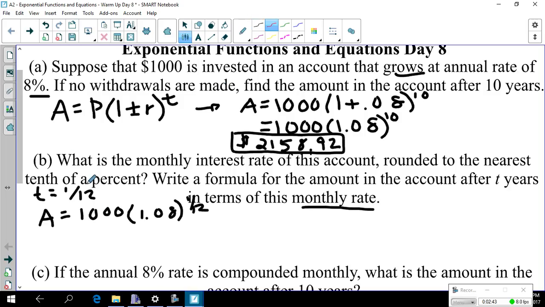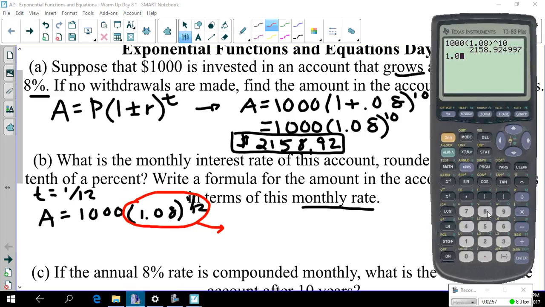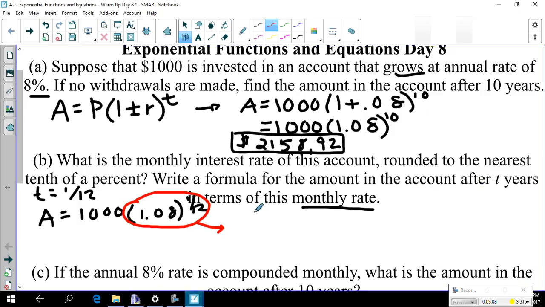And remember, the 1,000 is not affecting the rate. It's this part in here where the rate is kind of contained. So that's when I come over here and I figure out what that is first. So 1.08 raised to the 1/12th power is 1.00643 and so on. So 1.00643 dot dot dot, and that's equal to that 1 plus R, because that's where the rate's contained.